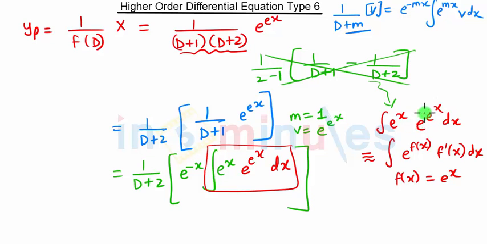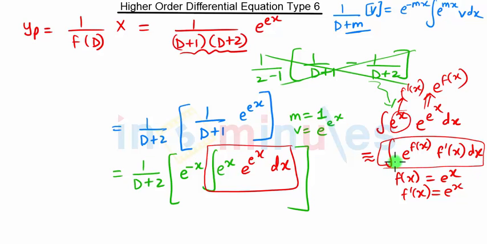So this term is equivalent to e raised to f of x multiplied by f dash of x. What is the derivative of e raised to x? It is nothing but e raised to x, so this term is f dash of x. Now we are going to use this property: integration of e raised to f of x into f dash of x is nothing but e raised to f of x.